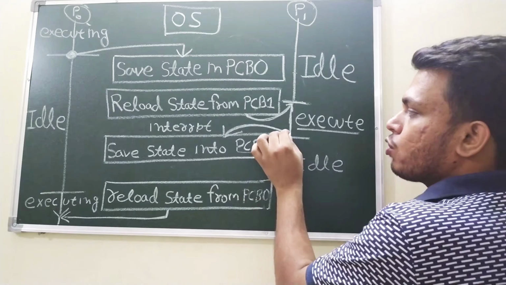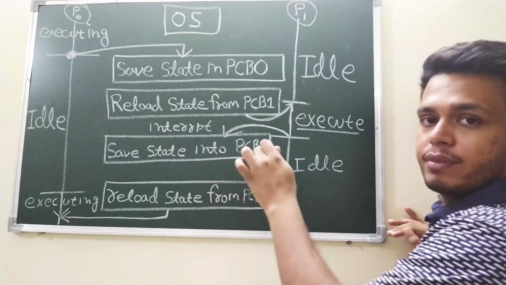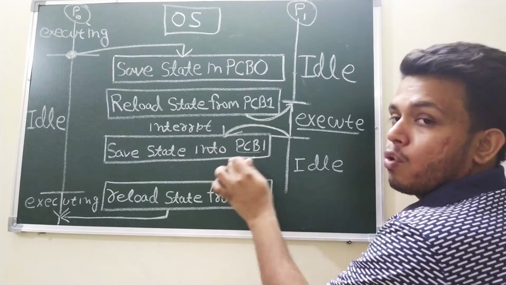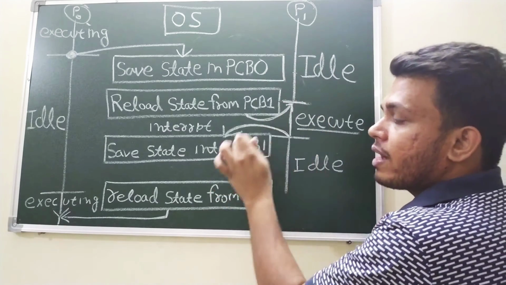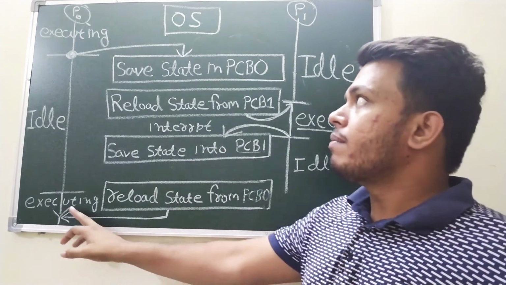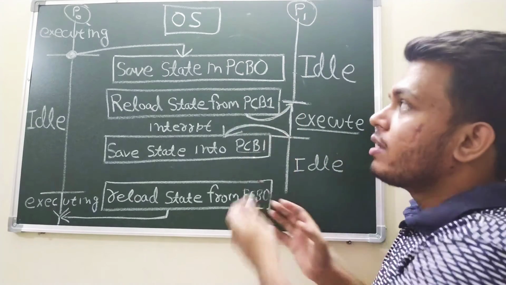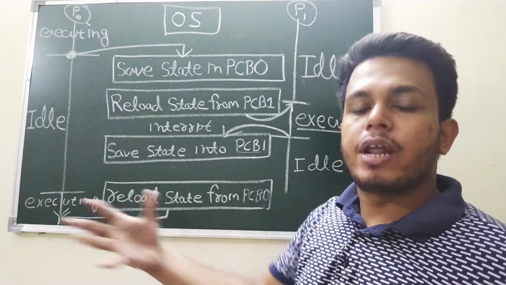So it stores the data of P1 inside PCB1. Clear? It stores the data of process P1 inside PCB1 and switches to P0, because while executing P1, P0 was available for executing.